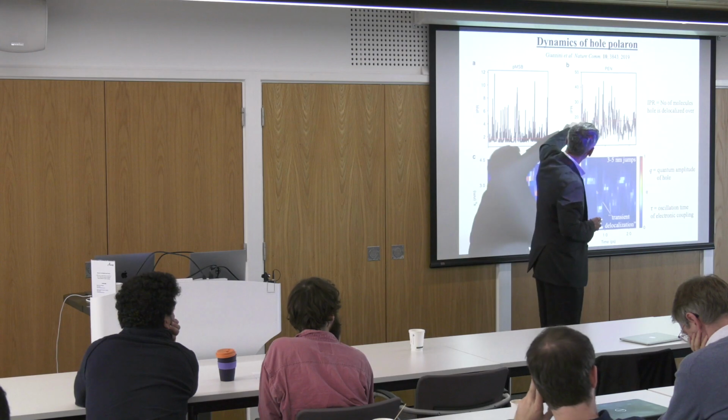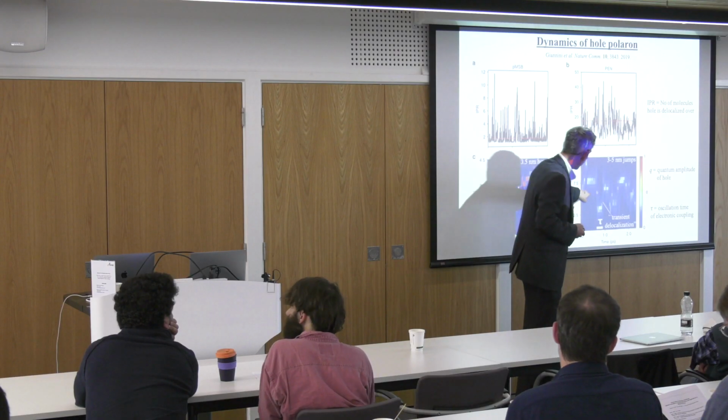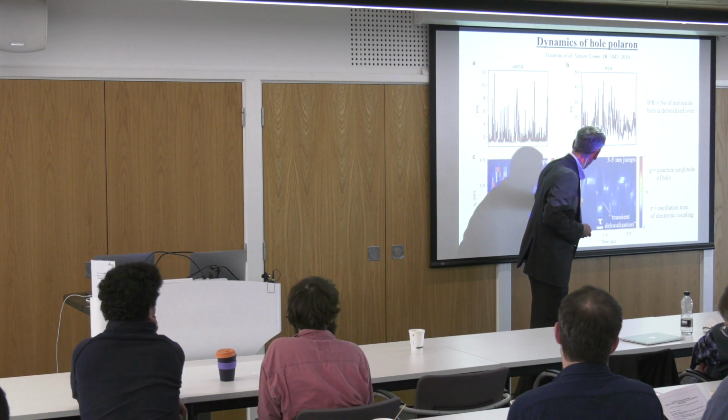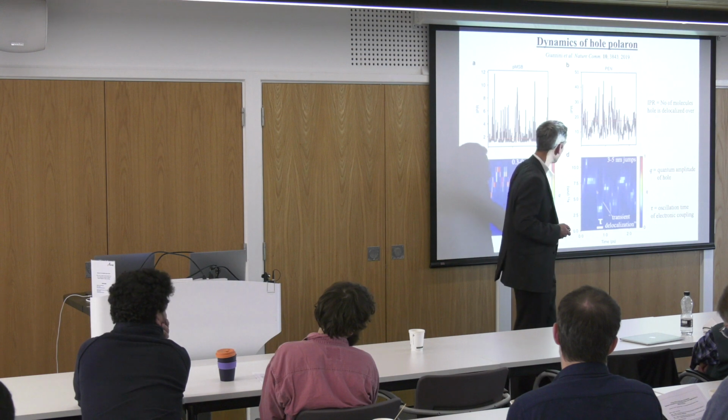Also, you can see that this is a highly dynamic propagation in time. So you see that the fluctuations in this IPR are very large, and these fluctuations to highly delocalized states here correspond to a large displacement of the polaron along this T1 direction. That's the high mobility direction.